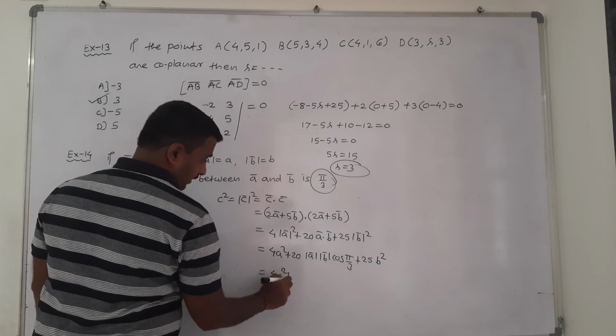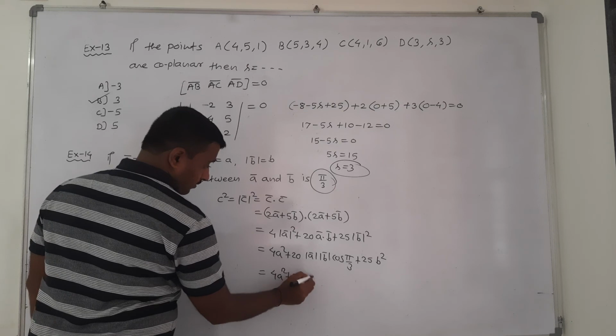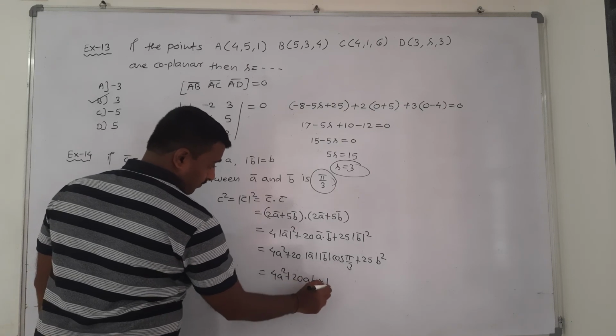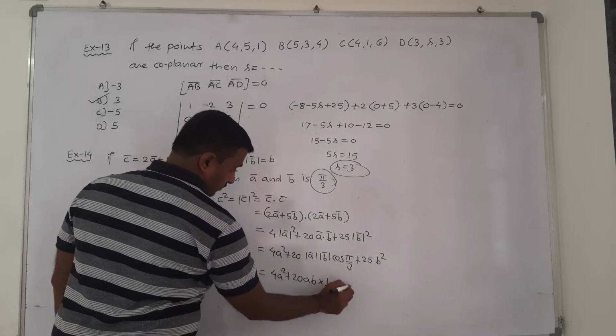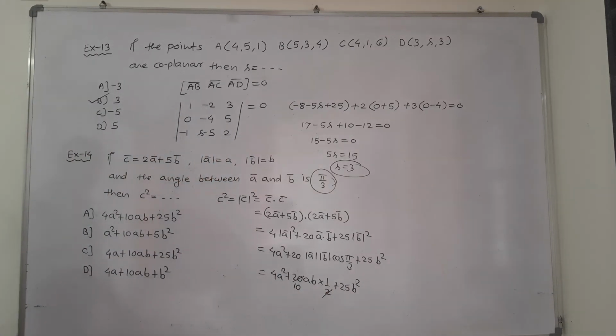This is modulus A bar modulus B bar, AB, and cos pi by 3 is 1 by 2. Cancelling, it is 10, so 4A square plus 10AB plus 25B square. C option.